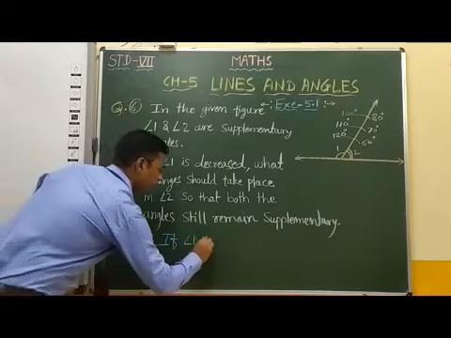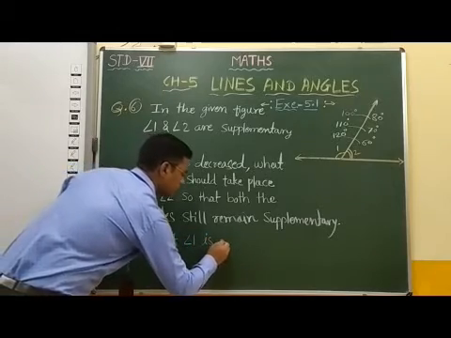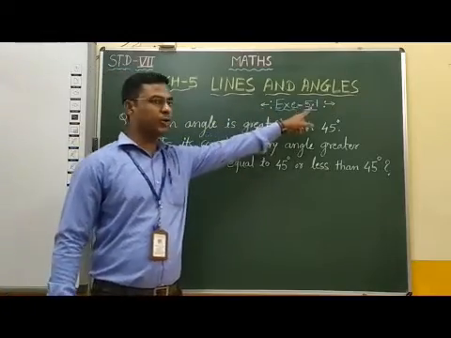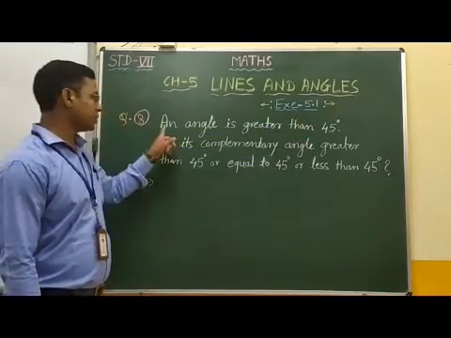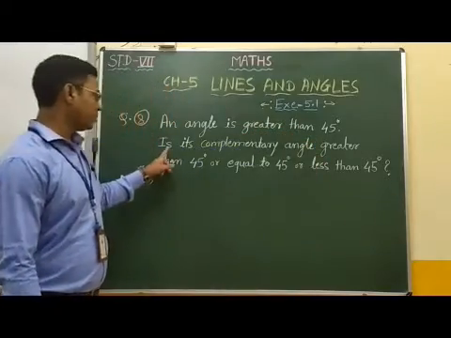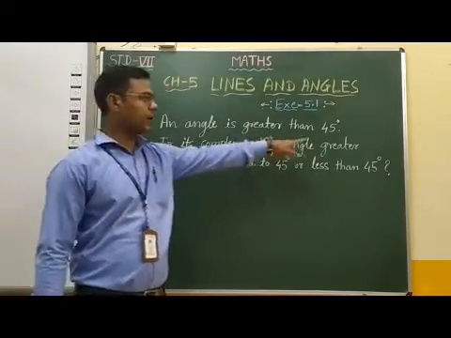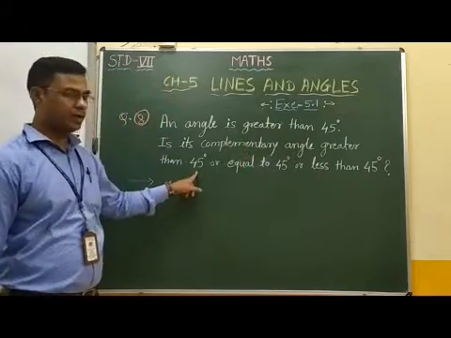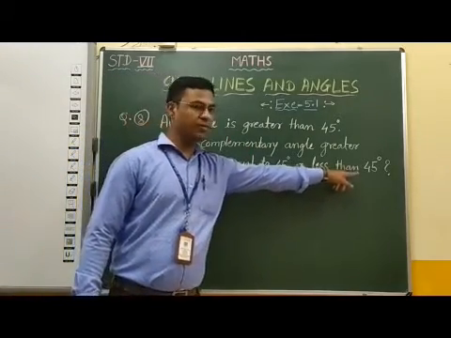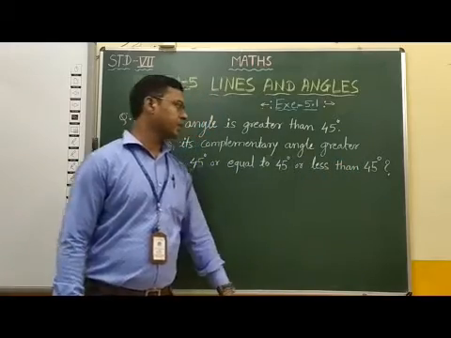if angle 1 is decreased, angle 2 increases. Now we are going to solve question number 8 of exercise 5.1. Now the question is, an angle is greater than 45 degree. Is its complementary angle greater than 45 degree, or equal to 45 degree, or less than 45 degree?